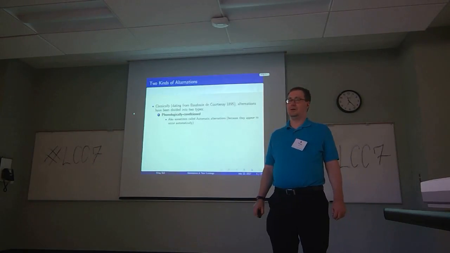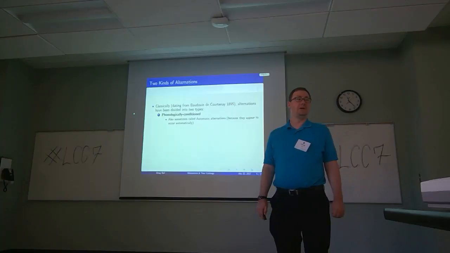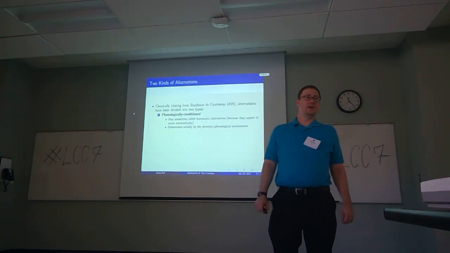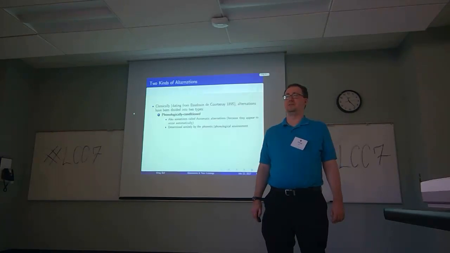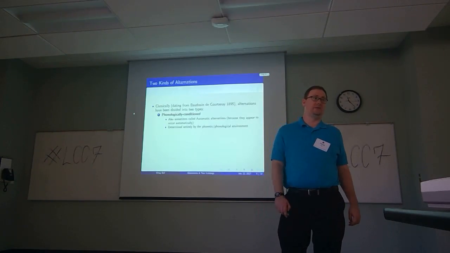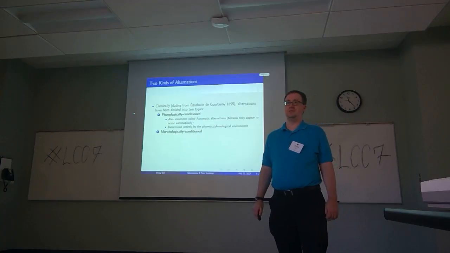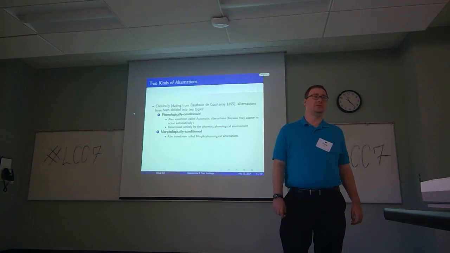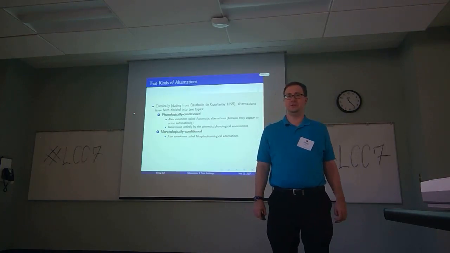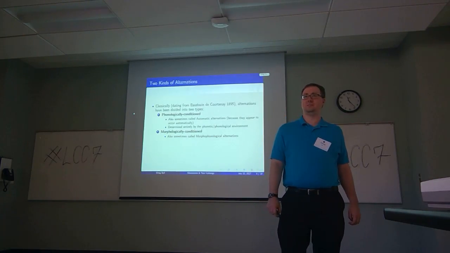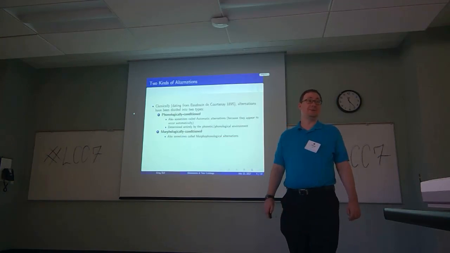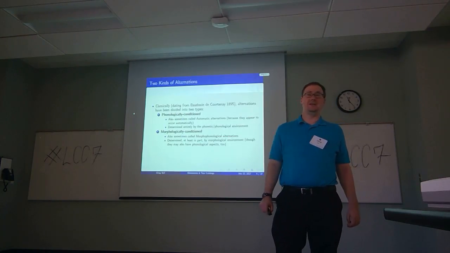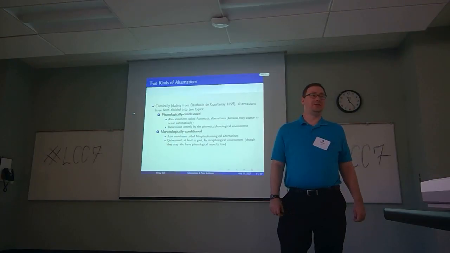But these are determined entirely by phonetic or phonological environment, so they're entirely sound-based. The other kind is the morphologically conditioned alternation, which is sometimes called the morphophonological alternation. If you want a large word that scares people, you do morphophonological.